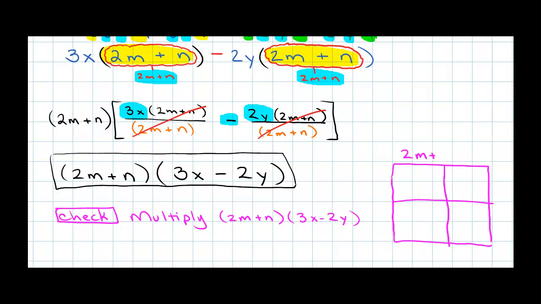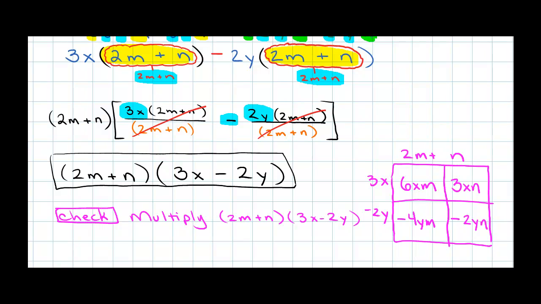So I'm going to multiply 2m plus n with 3x minus 2y. 3x times 2m is going to give me 6xm. 3x times n is 3xn. Negative 2y times 2m is negative 4ym. Negative 2y times n is negative 2yn.